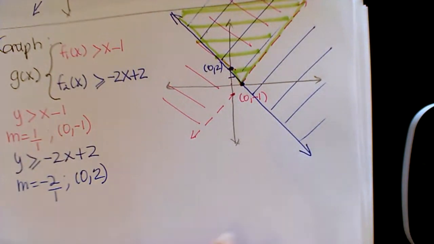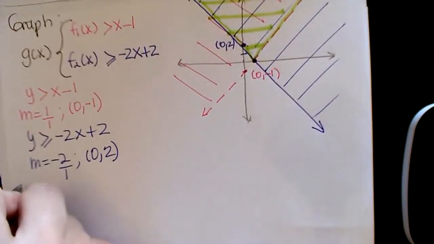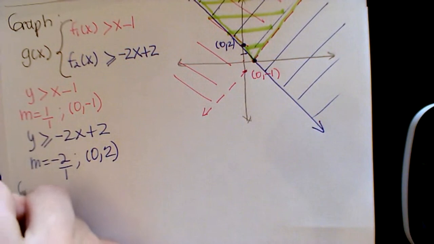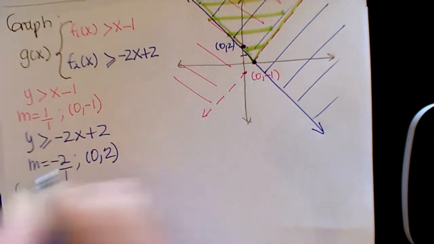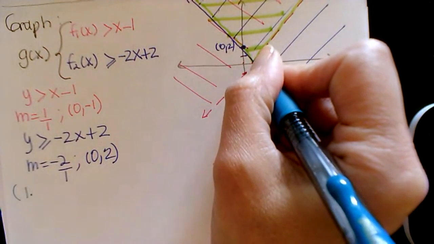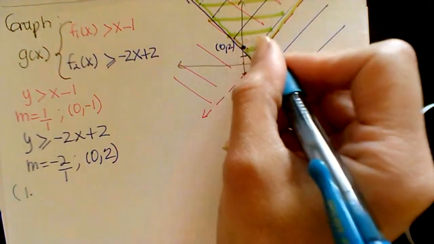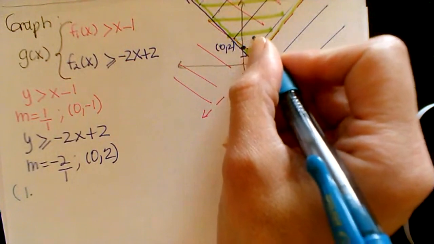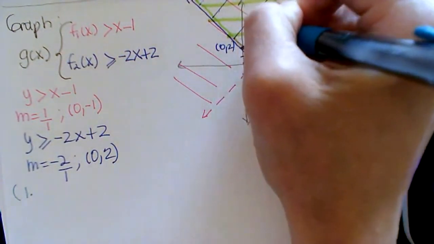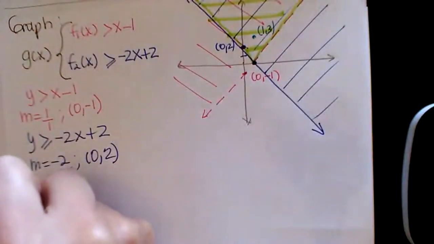So the question will be, for example, 1, 3, this point over here, 1, 3.